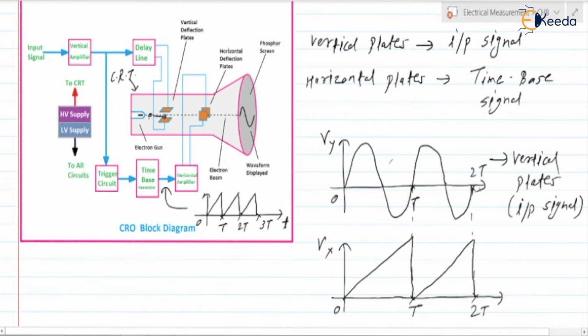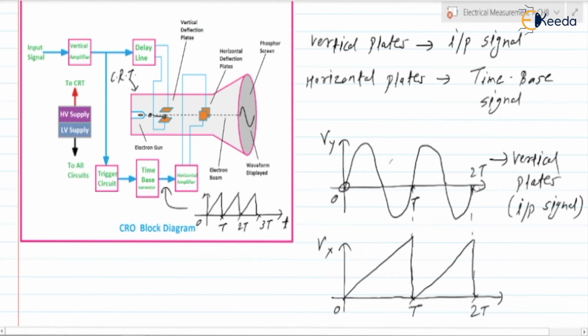Suppose the electron has come out from the electron gun, and suppose at this instant, that is at t is equal to 0, Vy is 0. If Vy is 0, the meaning is this electron will pass exactly from the center of the two vertical plates.